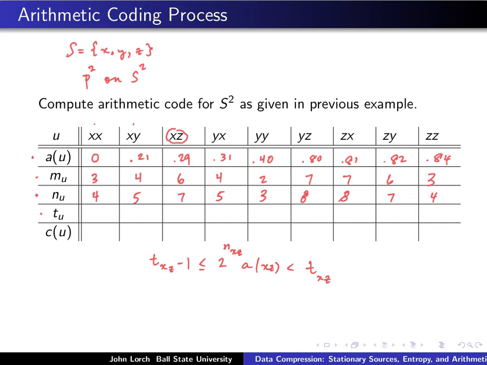Now this number in the middle, you can compute it. This is going to be 2 to the 7th times 0.29. Let's just do it right now on the calculator. 2 to the 7th is 128, times 0.29, so I get 37.12.